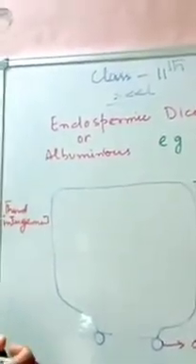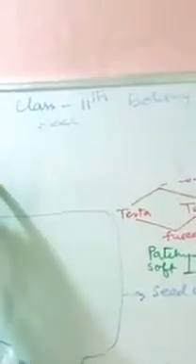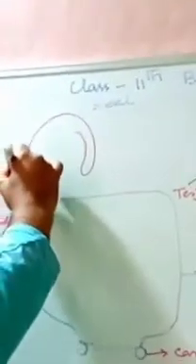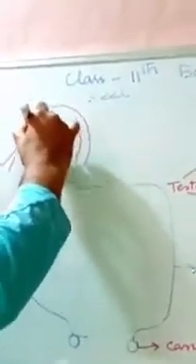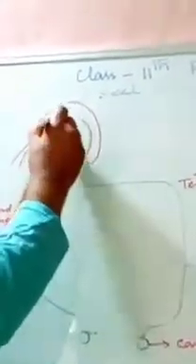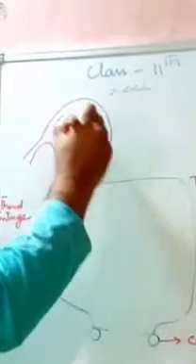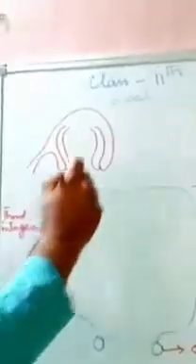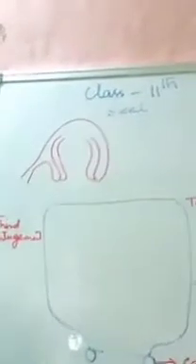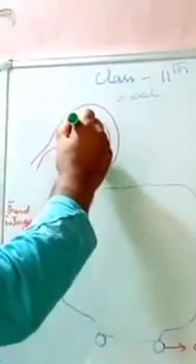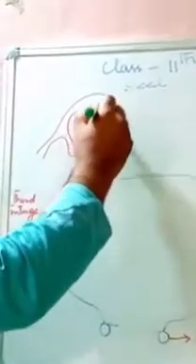If we talk about a typical dicot seed, there we see the ovule, and we will find a structure like this. This is the one integument, this is the second integument, then there is the third integument which is found there.